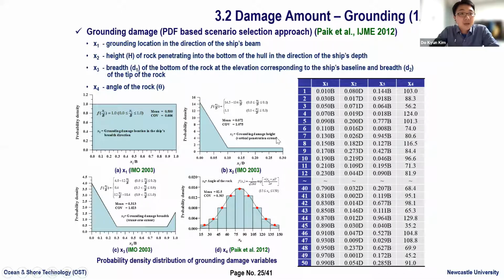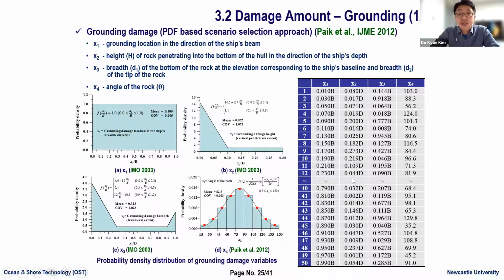So of course, we need to select the relevant scenarios. Based on this, given the probability density function, we have selected 4 individual parameters: the grounding damage location, grounding damage height, grounding damage breadth, and the rock-related angle.